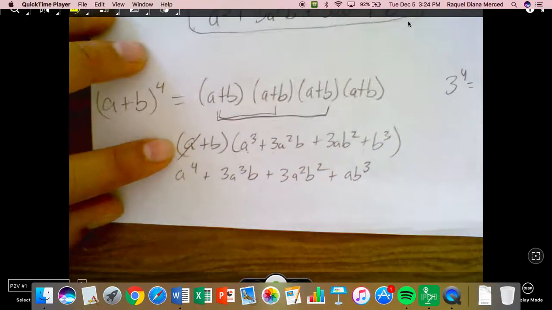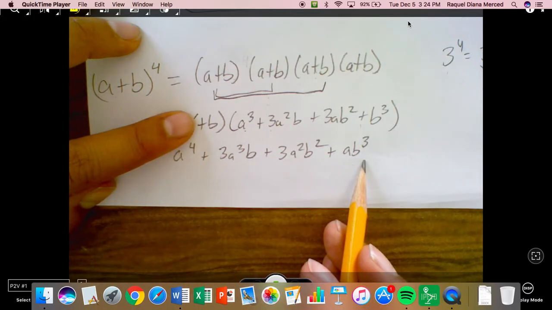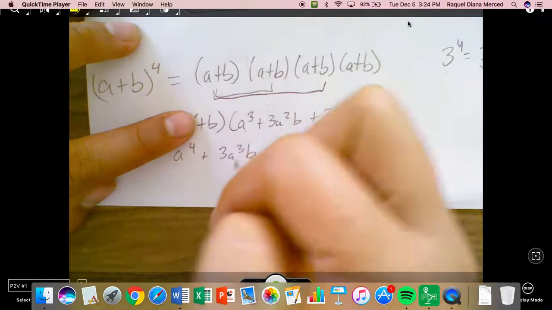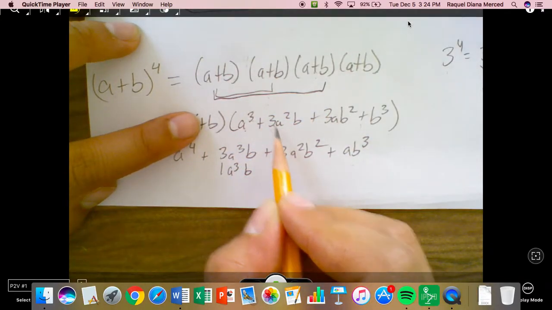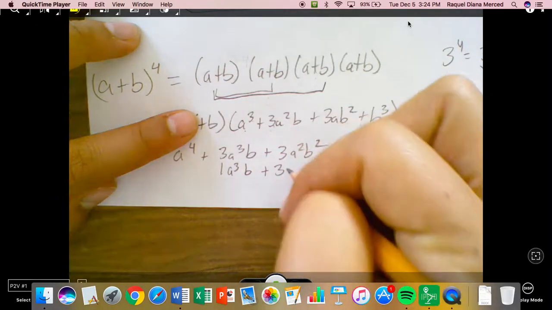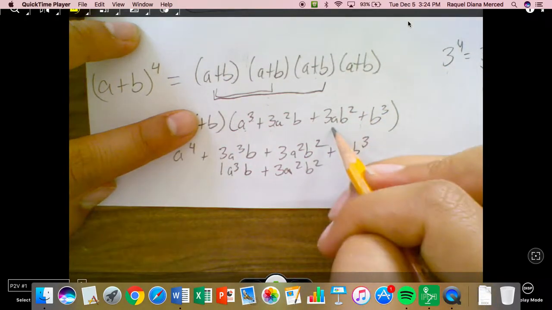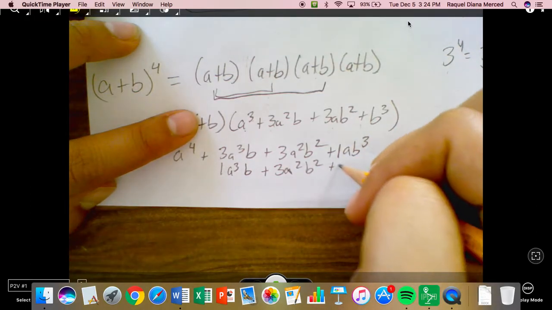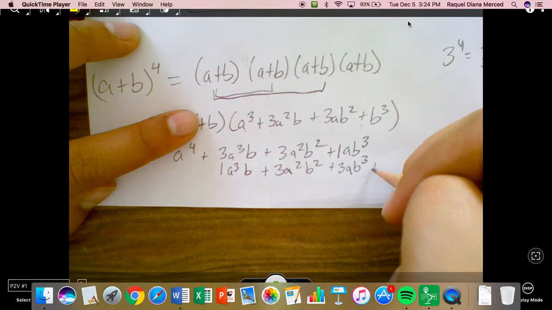I'm going to cross this out, and then I'm going to start with the b, and I'm going to try to line it up with the other terms that I could possibly combine it with. So b times a to the third is this one right here, which is 1a to the third b. b times 3a squared b is 3a squared b squared. b times 3ab squared is 3ab to the third, and then b times b to the third power is b to the fourth.